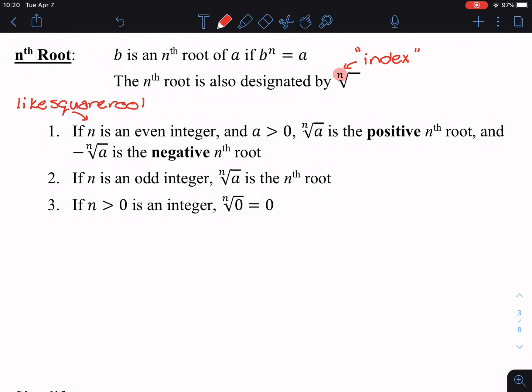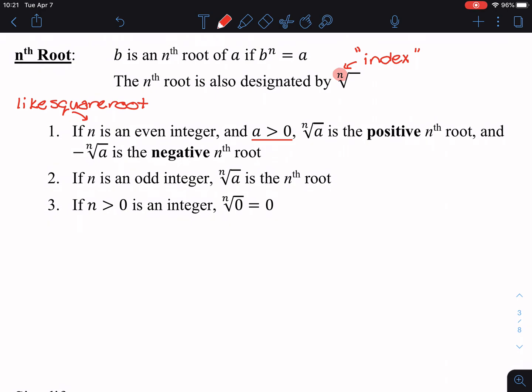The big thing to keep in mind is that if you're going to take an even root, you have to take it of a positive number. Just like you can't take the square root of a negative number, you can't take a fourth root or an eighth root of a number that's less than 0.